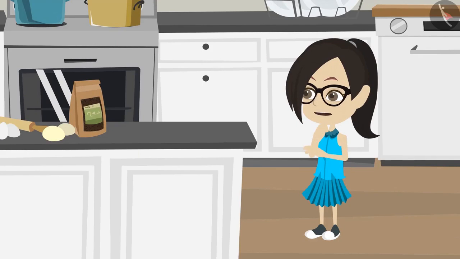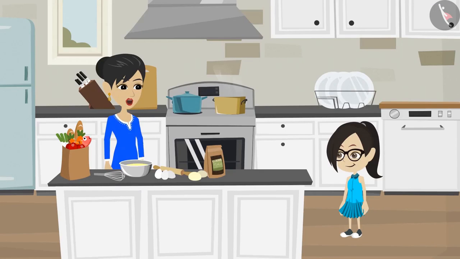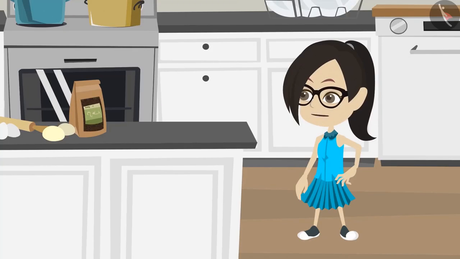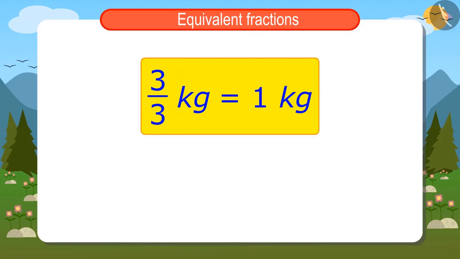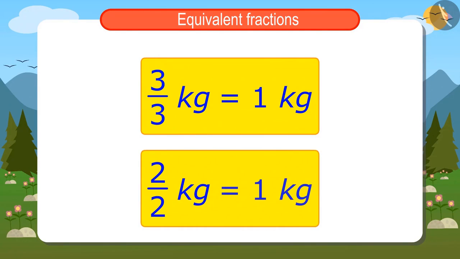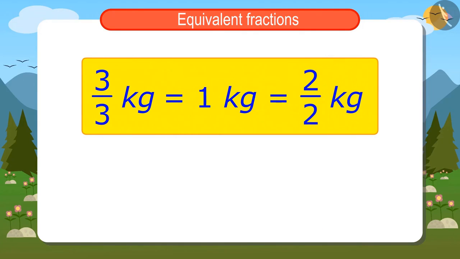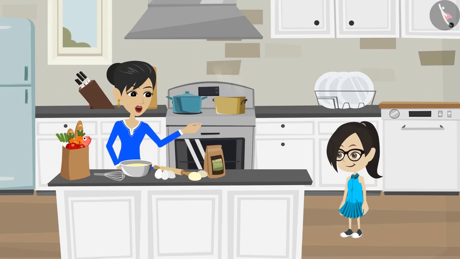I'll go, Mummy, but first I need to know something. Tell me, what do you want to know? Just like 3/3 kilo has 1 kilo of potatoes, I think 2/2 will also have 1 kilo of potatoes because by dividing a kilogram into 2 equal parts, both its parts will be written together as 2/2. Yes, Vandana.